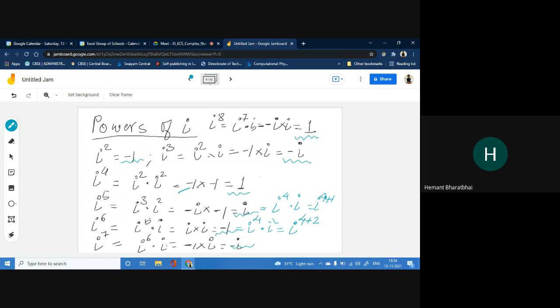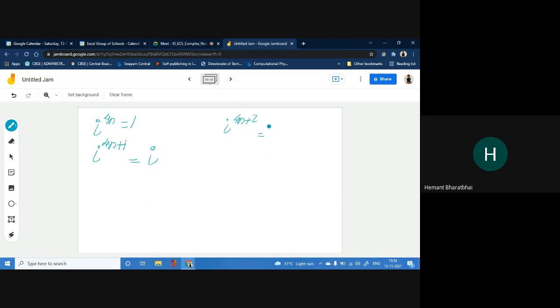Right? So if I take n equal to 1, it is 4 into 1 plus 2. So 4n plus 2. And the value we got was minus 1. So I can say whenever it is 4n plus 2, it is going to be minus 1.